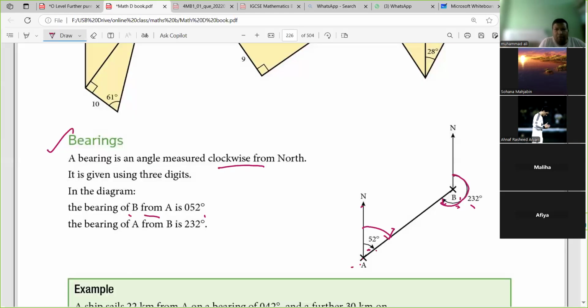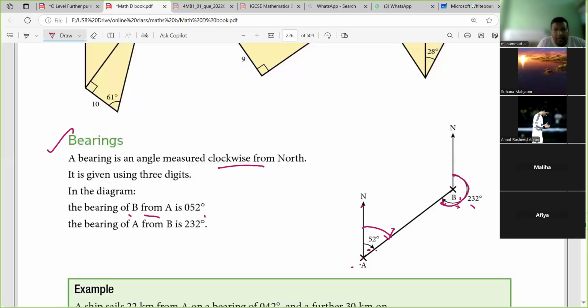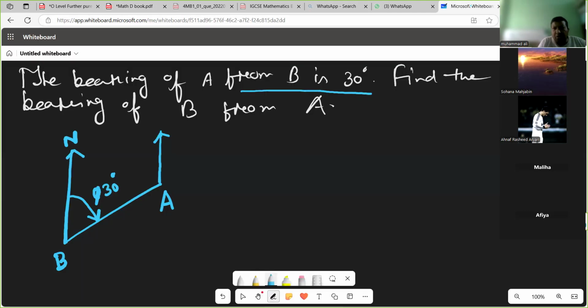When you write it here you may write 30 degrees, but mathematically it will be written as 030. Now find the bearing of B from A. B from A means this angle. How do we find it?